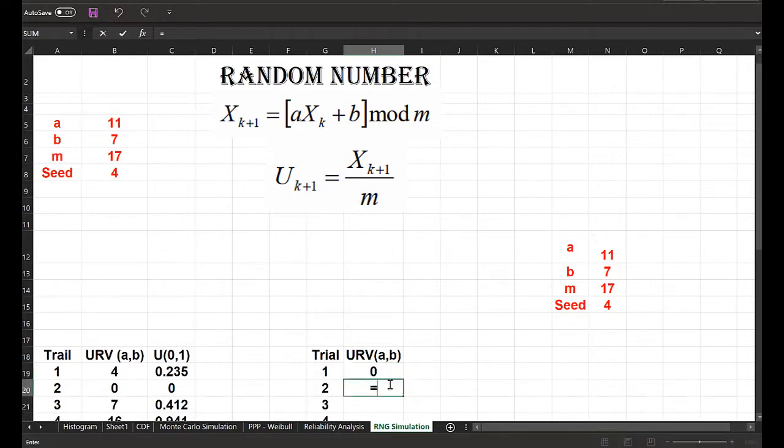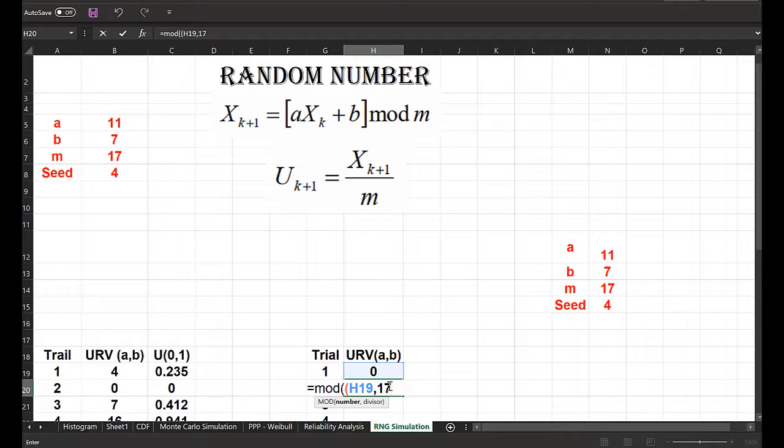Let's calculate the next iteration. Again we have to calculate this. This is the mod, and then we have to put the number. The number is the previous number divided by m, which is 17.